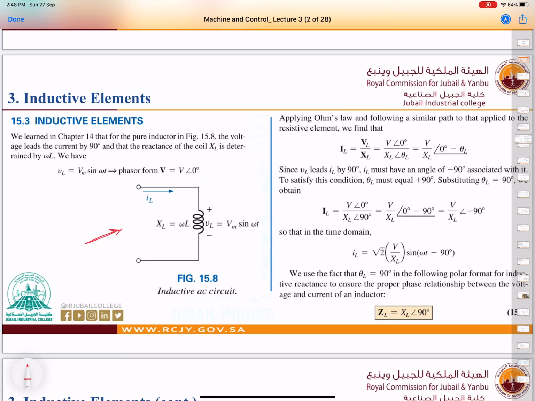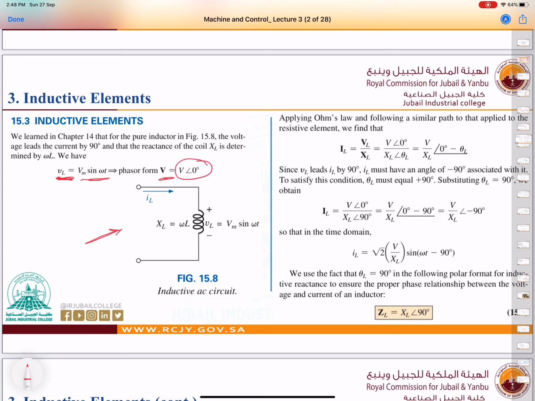And the reactance of the coil, which is XL, is determined by omega L. This is the voltage expression of the inductor, which is V max sine omega t, or V with angle.